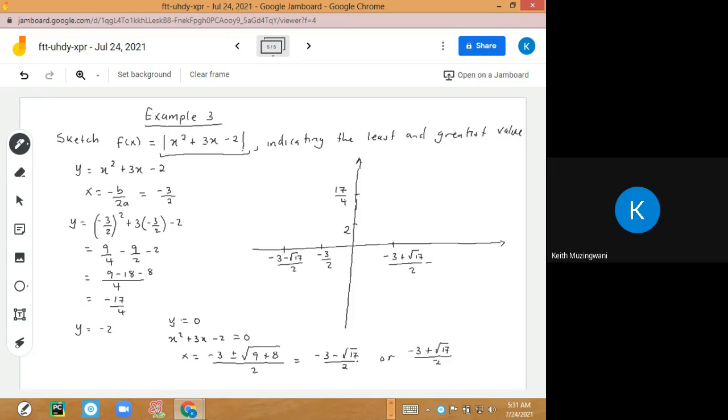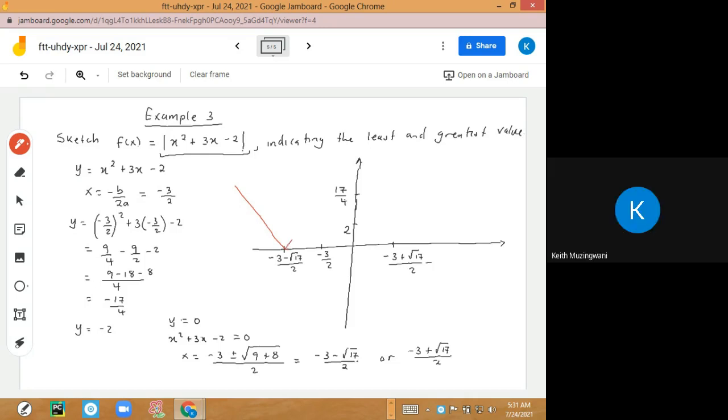The graph is supposed to cross this coming down, but then it won't cross because of the fraction that is being done by the modulus. So our graph will come all this way, hit here, and then make a curve.